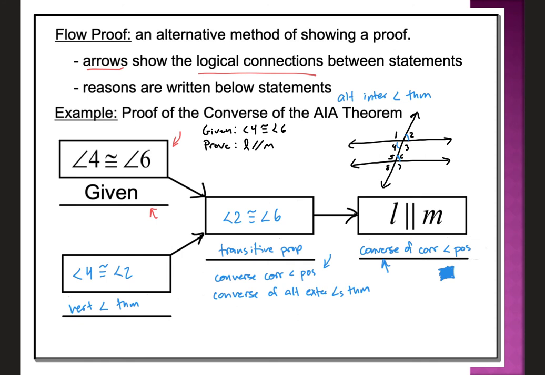Okay, geometry is about explaining why and how things work, which means you have to be careful with your language. In this proof, this one and the last one, we were proving the lines are parallel, which means we were given angles and we were proving parallel lines. The theorems that do this are the converse theorems. Okay?